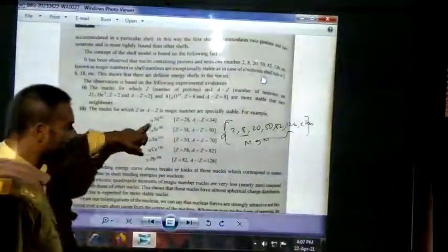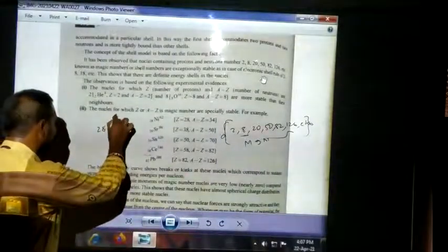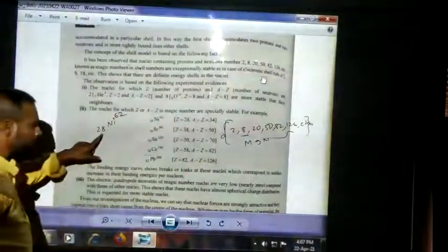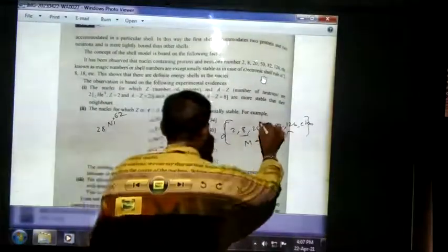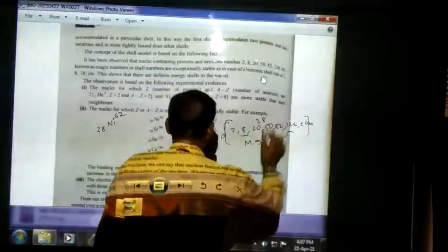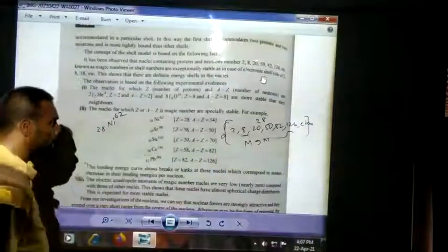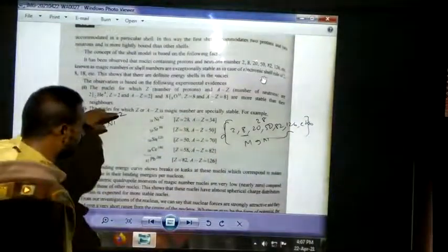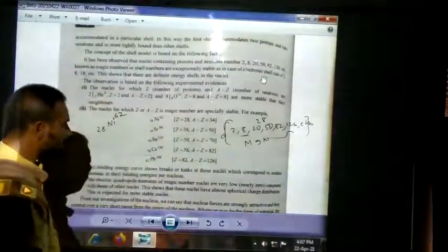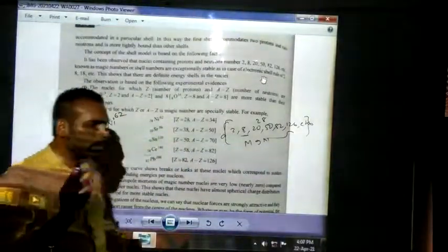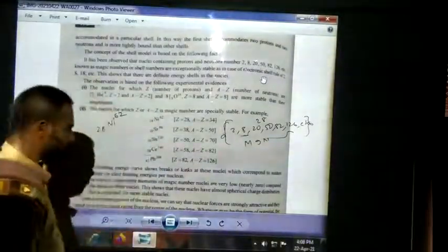For example, 28Ni62. The number of protons is 28, which comes under magic numbers. I forgot to write that 28 is also a magic number. So 62 minus 28 is 34, and 34 is not a magic number. Hence, if at least the proton number or the neutron number is a magic number, such nuclei are very strong compared with the others.